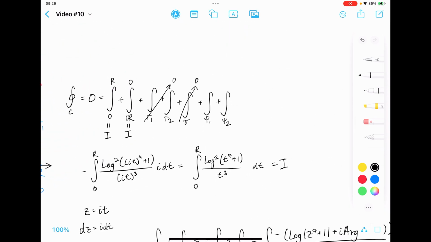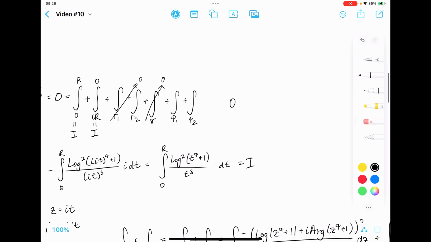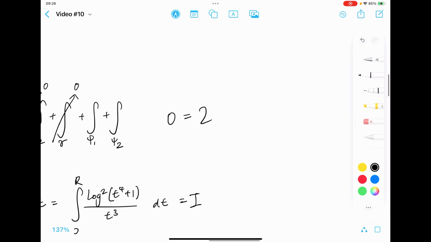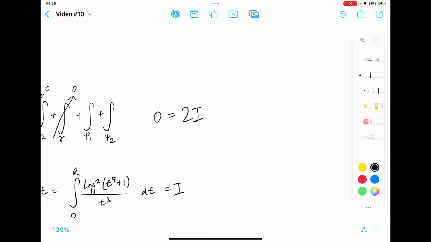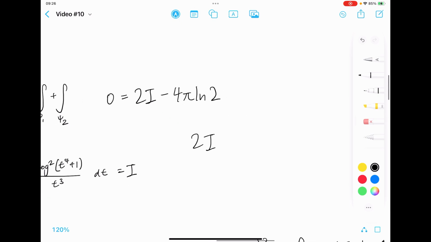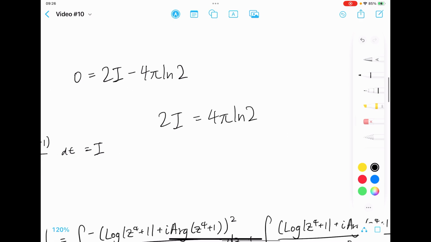And so, going back here, 0 equals 2i, and then minus 4 pi natural log of 2. That means 2i is equal to 4 pi natural log of 2, and i equals 2 pi times natural log of 2.